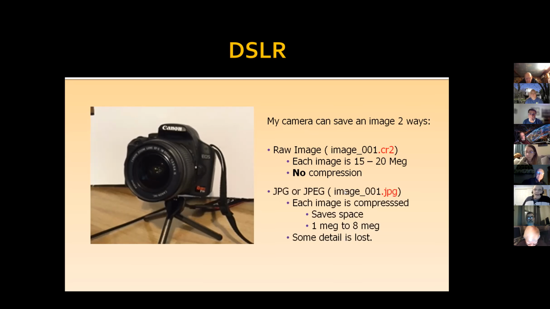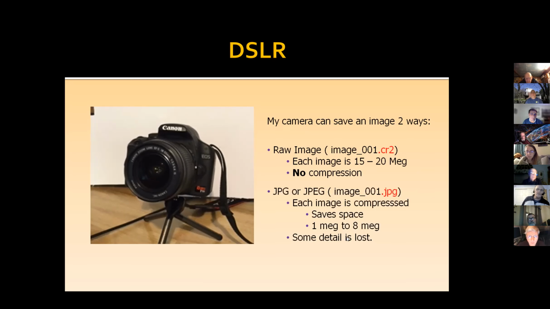But there's another type that my camera can do, called a JPEG. You'll have a file name, and the extension on it is JPG. Each image gets compressed, which saves a lot of space. So that original 15 to 20 megabyte image may get compressed down to 1 to 8 megabytes.